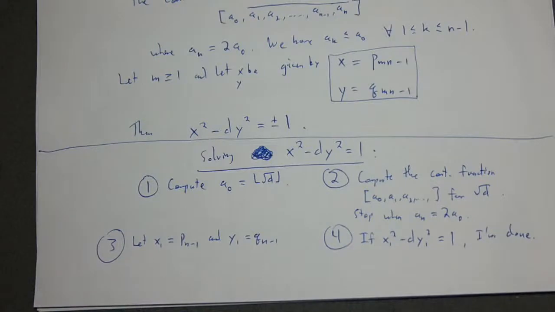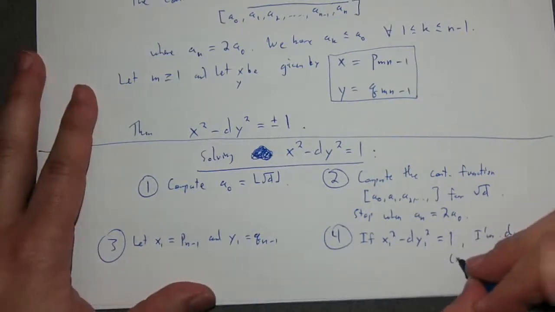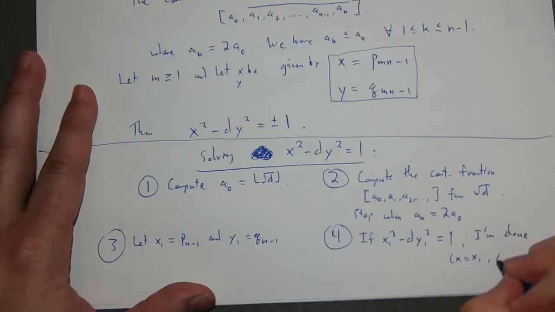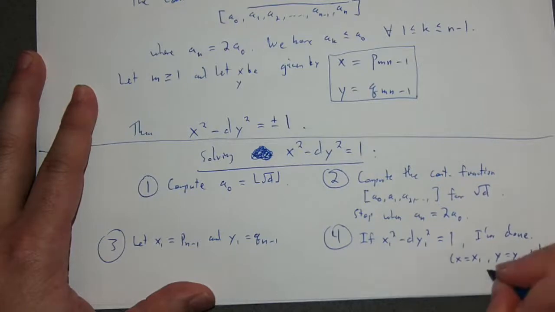I have found x and y that solve it. I can just say x is equal to x sub 1, y is equal to y sub 1 solves Pell's equation.